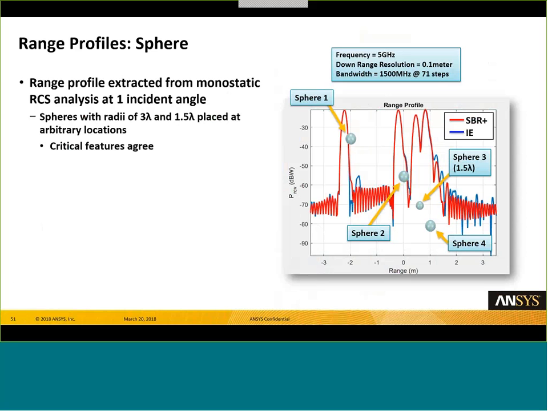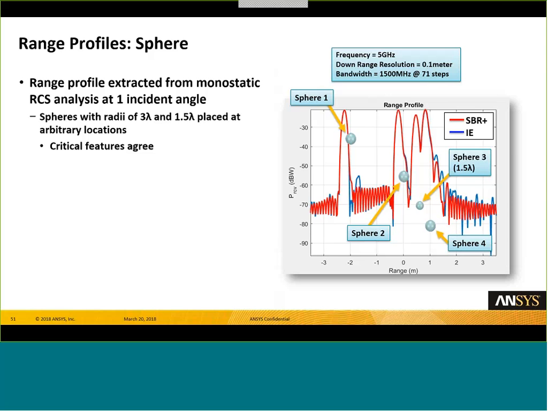In each of these following examples, the simulation settings are going to be shown up on top of the plot. So in this case, we've got these collections of spheres. We ran the simulation at 5 gigahertz, and we defined a downrange resolution of 0.1 meter with that bandwidth that's indicated there over 71 steps. So the vertical axis in this case is giving us the response of the backscattered power, and the horizontal axis shows the range to the object.